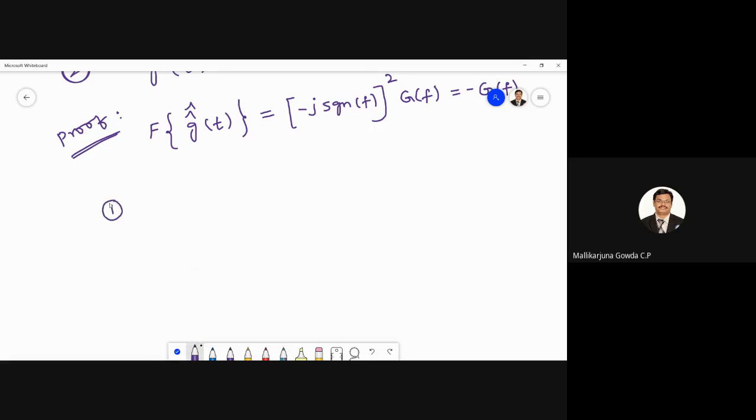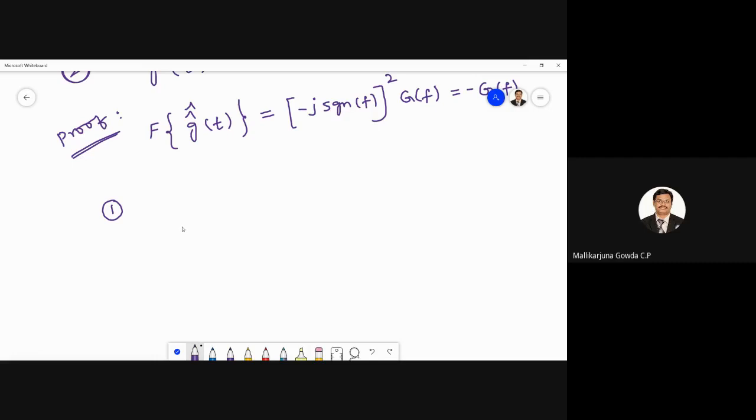Please have a note of this, because these statements you need to write: the energy content of a signal is equal to the energy content of its Hilbert transform. So how do we prove that? We prove property one by using Rayleigh's theorem.